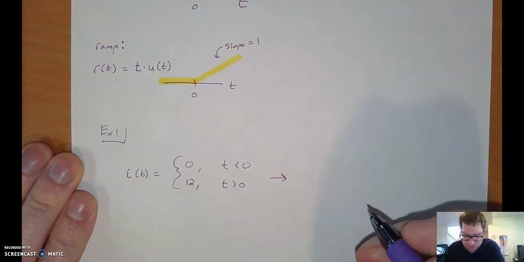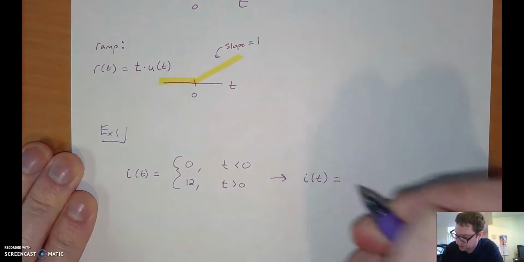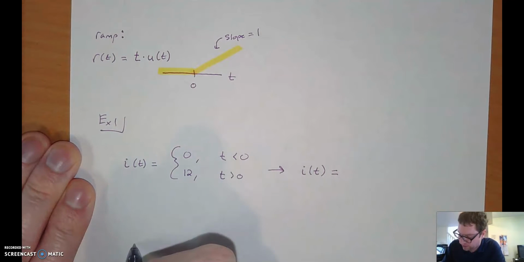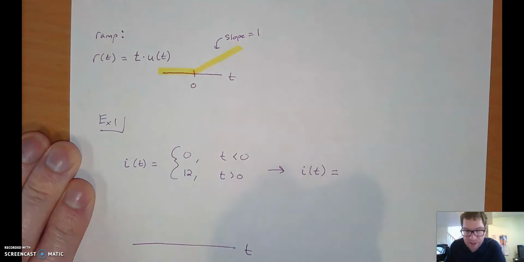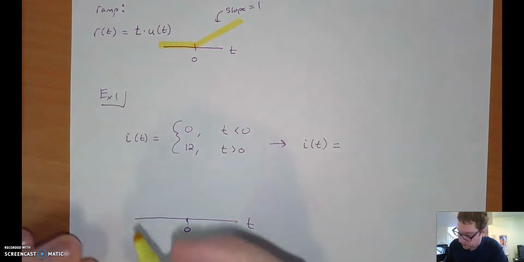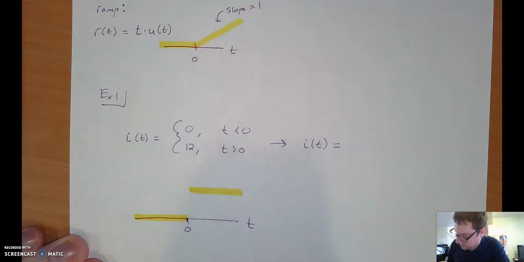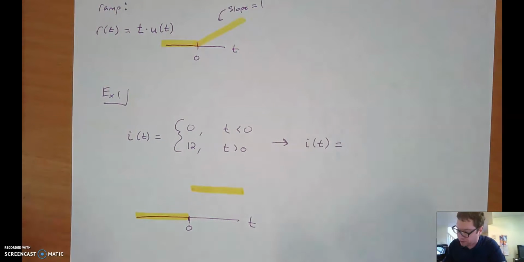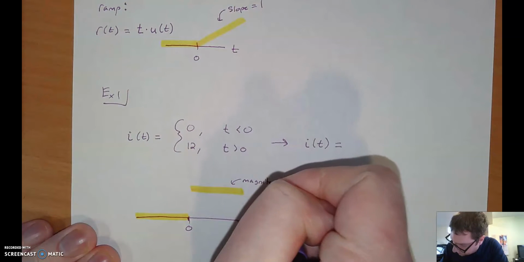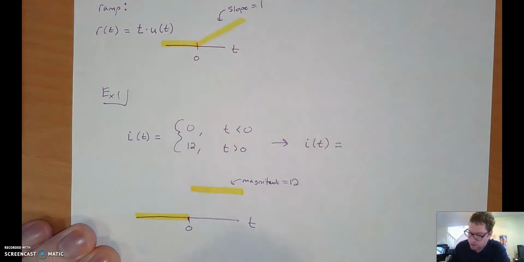What we're going to do is write this with a single line. Before I do this, let's just draw what this looks like. We have t, we have 0, and we're just cruising along at 0 before we get to 0, and then once we get to 0, we're up here. The magnitude is equal to 12 amps.